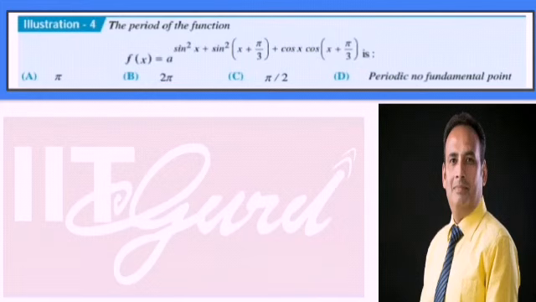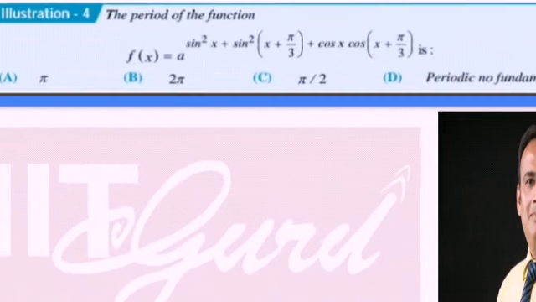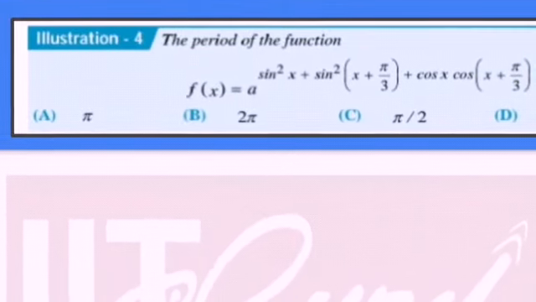Let me write down this question properly over here.